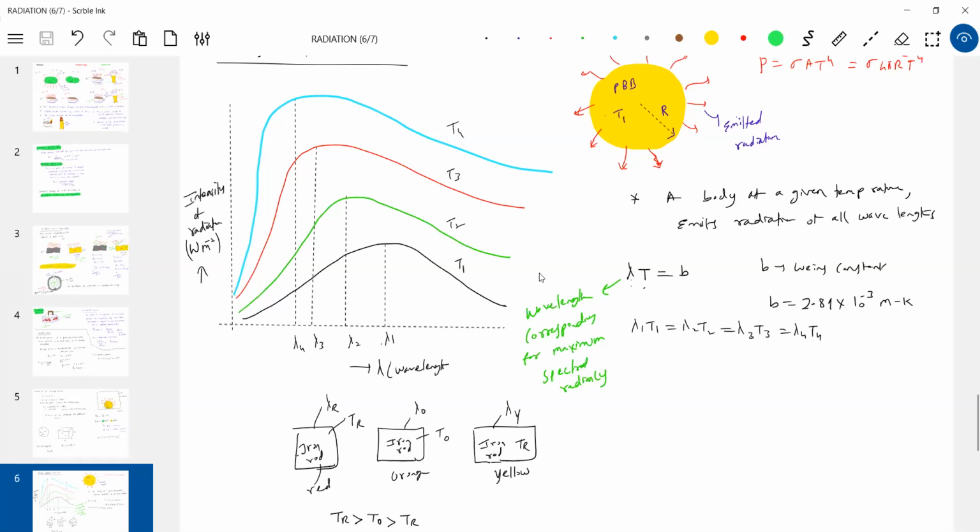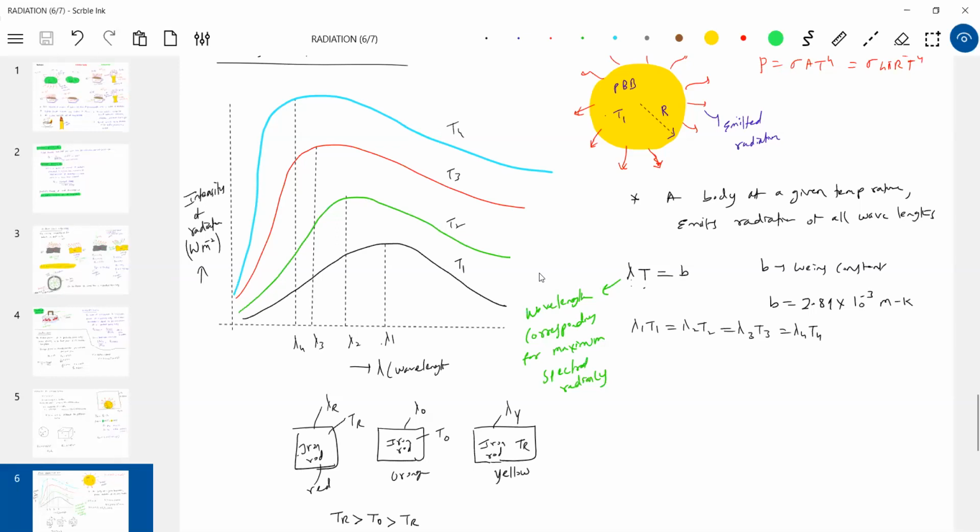So any interpretation of the graph, anything shall we interpret related to the graph? Anybody? The area under the curve, what will it give?